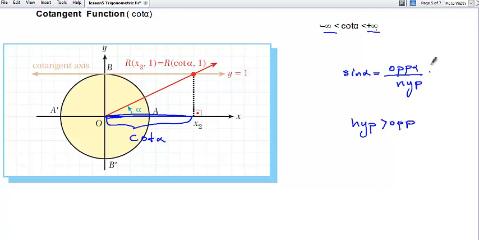So in this ratio, the denominator is always greater; when the numerator is smaller than the denominator, the ratio is always going to be smaller than 1.